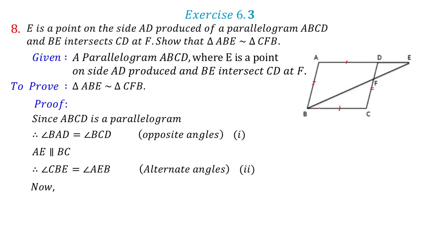First you can see that this angle B and this angle are equal because this side and this side are parallel, so alternate angles.